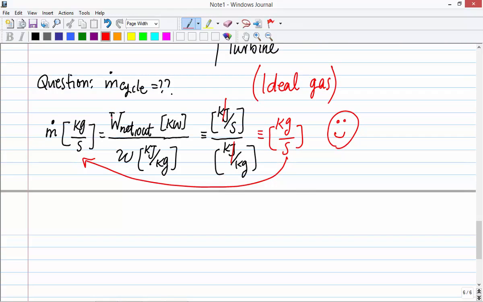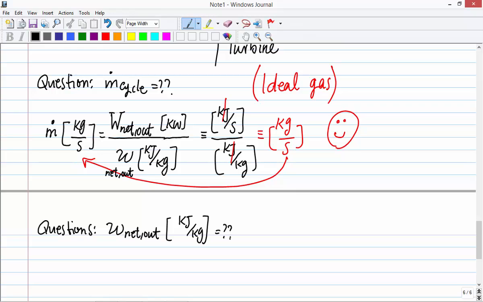In the numerator here, W net out, we know it's 32 megawatt. And in the denominator, we need to solve for little w net out. From now on, everything is gonna be per mass, per kilogram, all the units. Now the question reforms to what is w net out in the unit of kilojoule per kilogram.